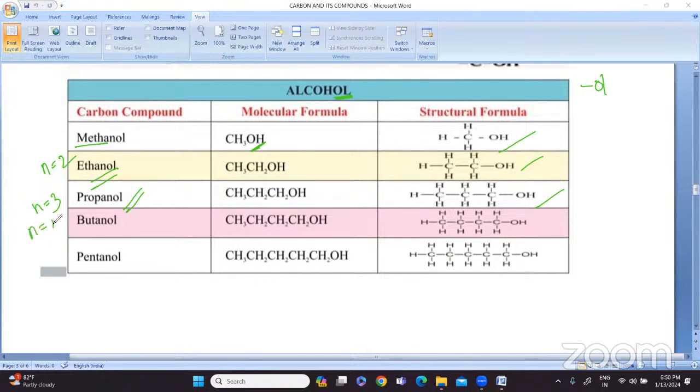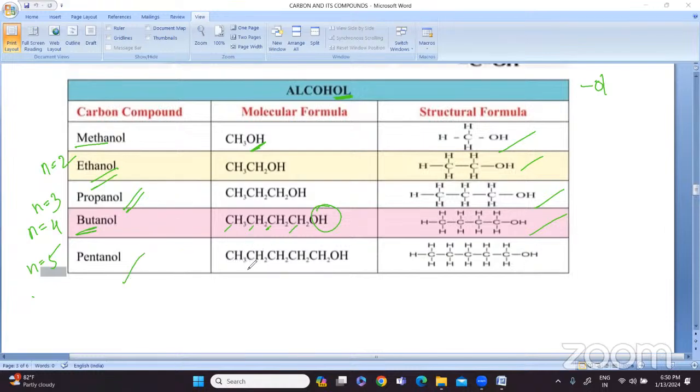Next, when n equals 4, the prefix is but, and with alcohol it is butanol. The number of carbon atoms is 4, 1, 2, 3, 4. It ends with OH, so it is butanol. There will be an addition of one carbon with 2 hydrogen atoms. Next is when n equals 5. The name is pent, and it is alcohol, so it is pentanol.